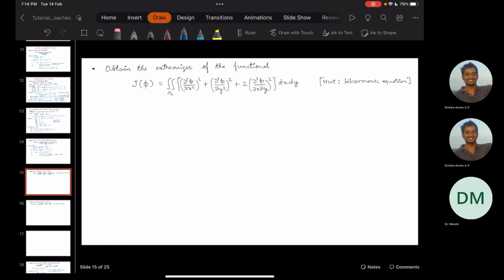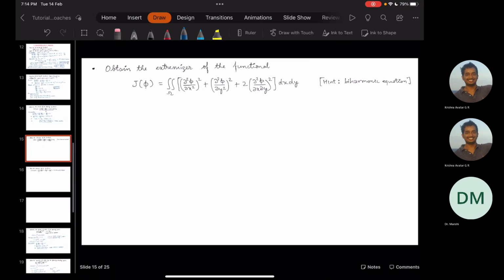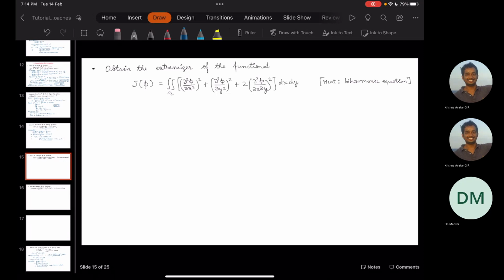Now let's pick up another question in this series. Obtain the extremizer of the functional, and we are given a functional here in terms of the independent variables x and y, and the dependent variable phi.